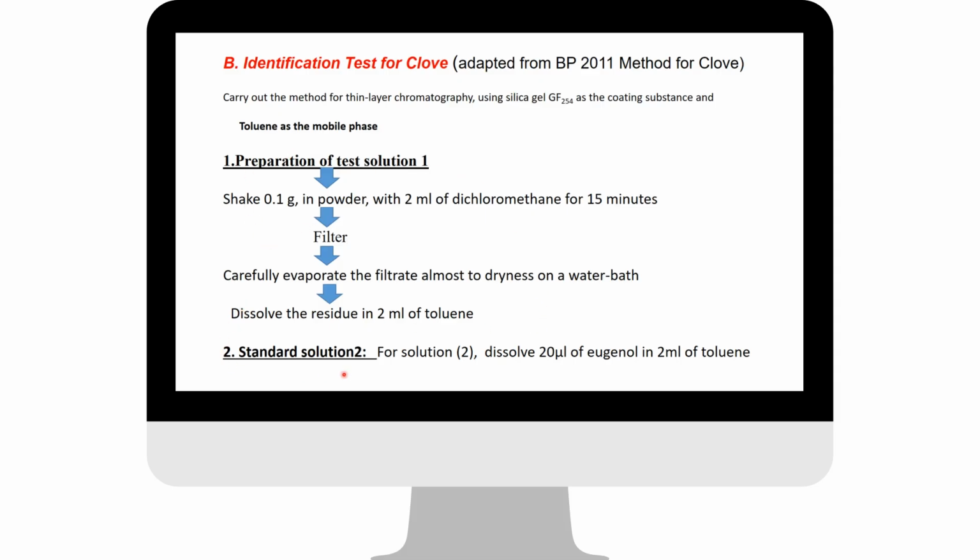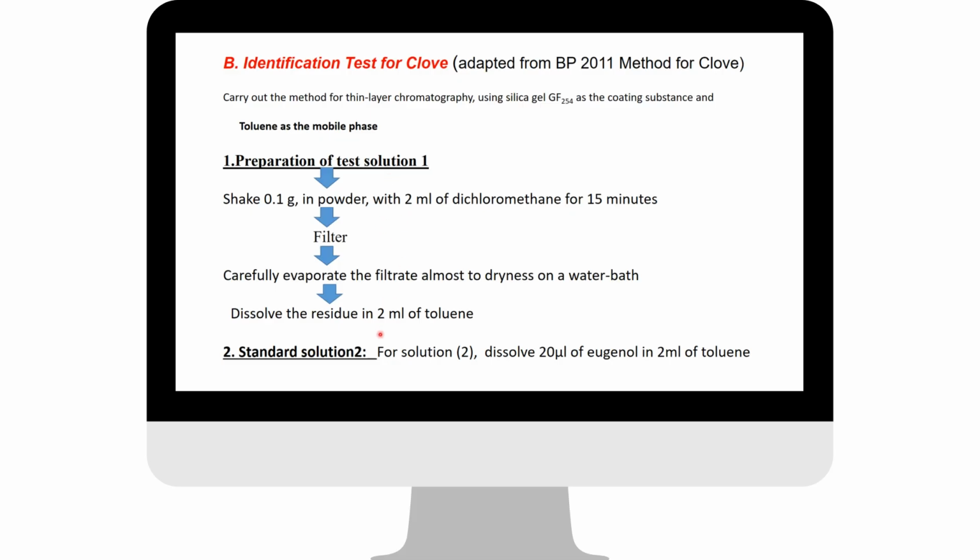For standard solution number two, we can get this solution from the lab, and we just take 20 microliters of this eugenol and dissolve it into 2 ml of toluene. So the test solution and standard solution are ready. Now why are we using the standard solution? Because we need to compare our test solution.